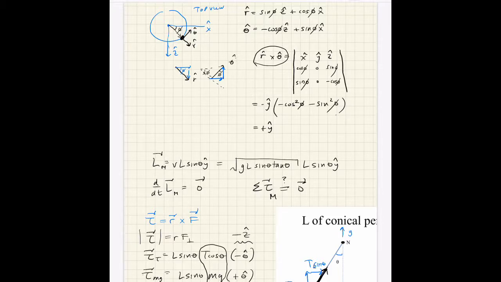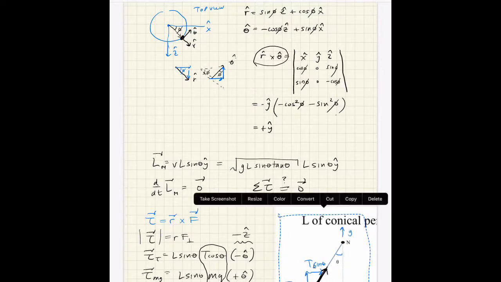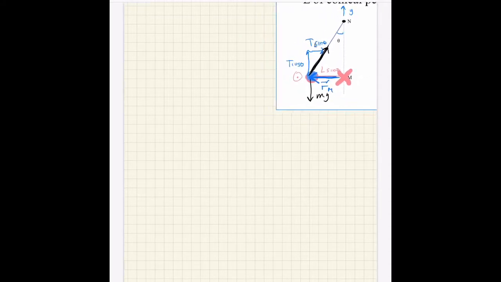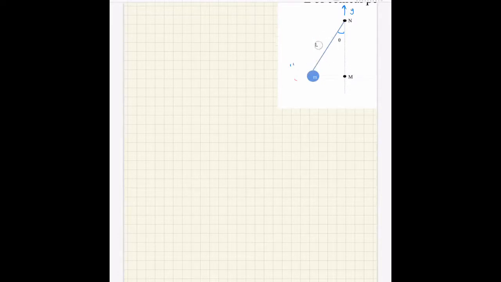And let's work a problem, or work it now here at the top with my origin at n. So let me go ahead and cut this out one more time. Right. And remember, what I'm doing is instead of my origin being at m, my origin is now going to be here at n.